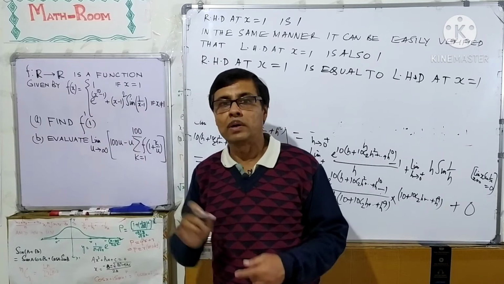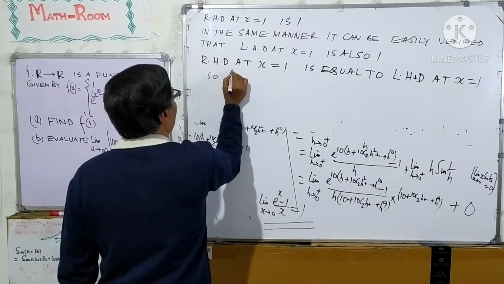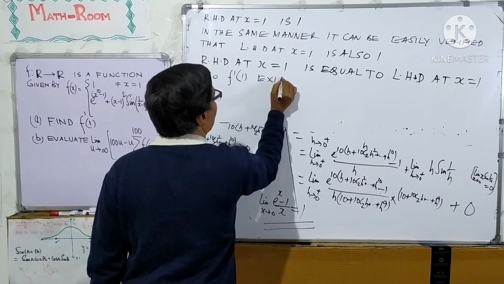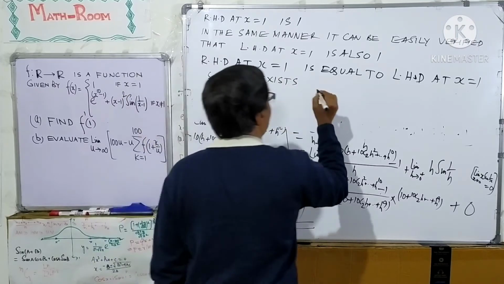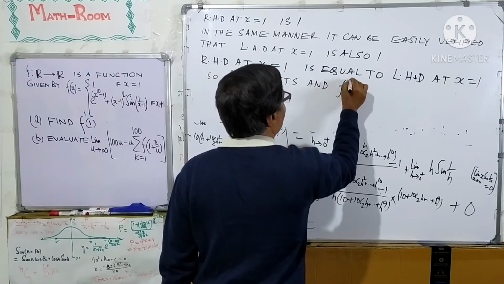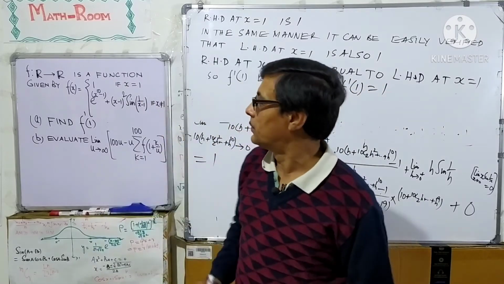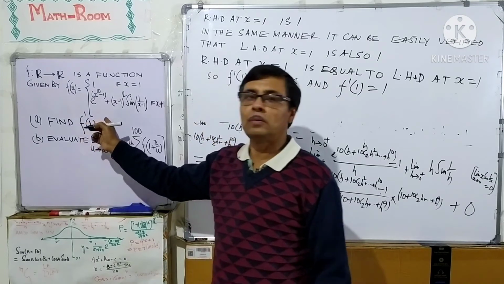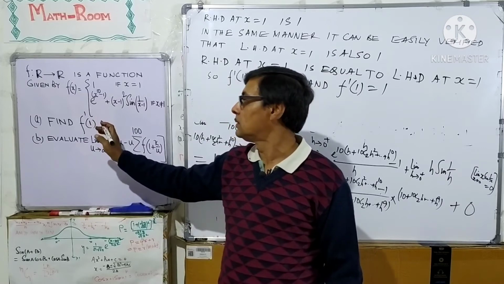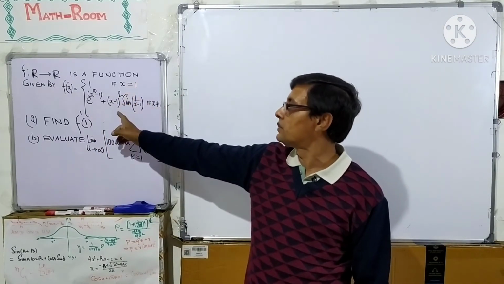So, f dash 1 exists and its value, that is f dash 1, is 1. So, we have determined the value of f dash 1, the derivative of the function at x equal to 1. Now, we shall solve the second part of this problem.